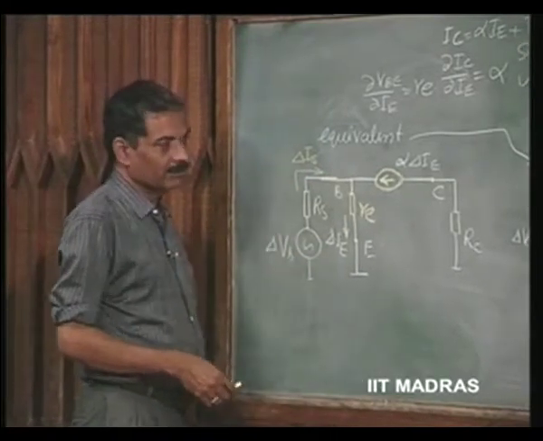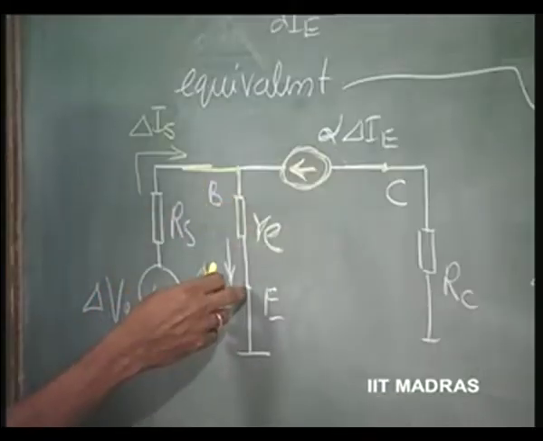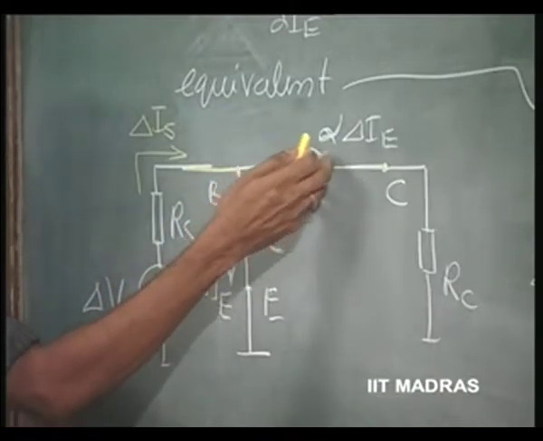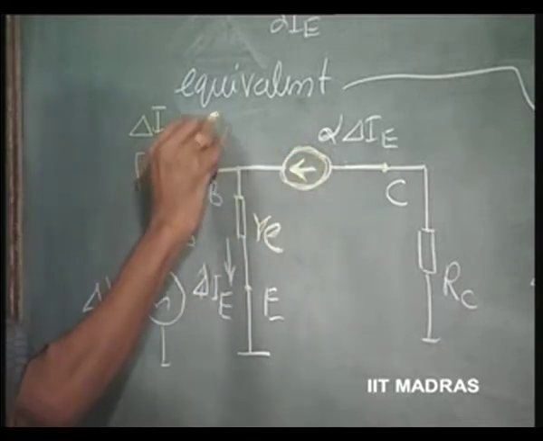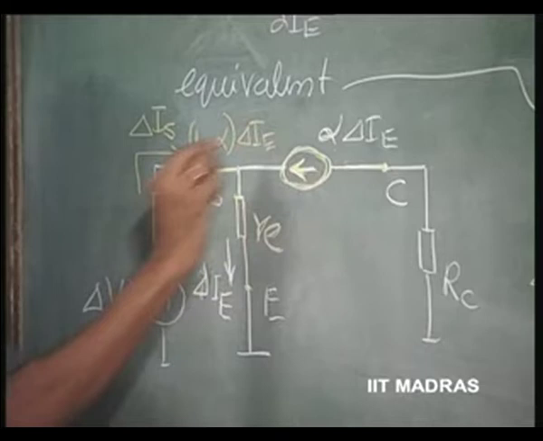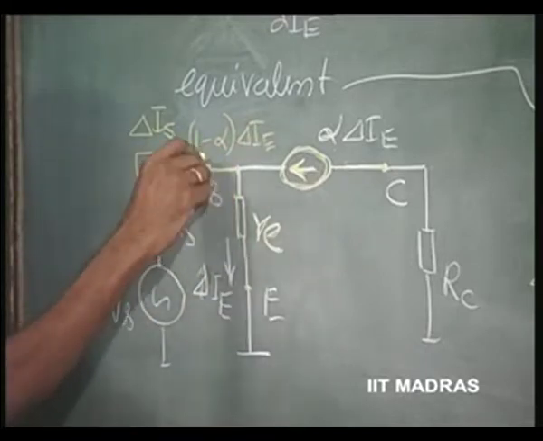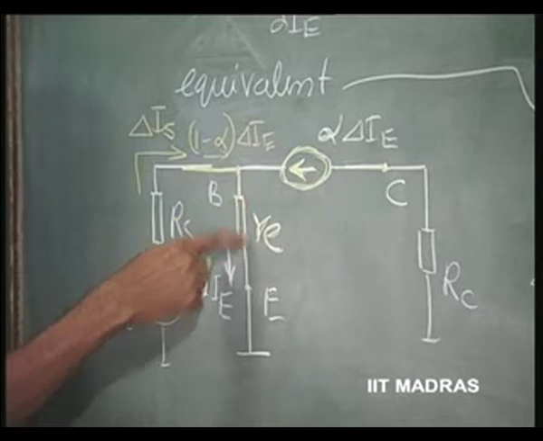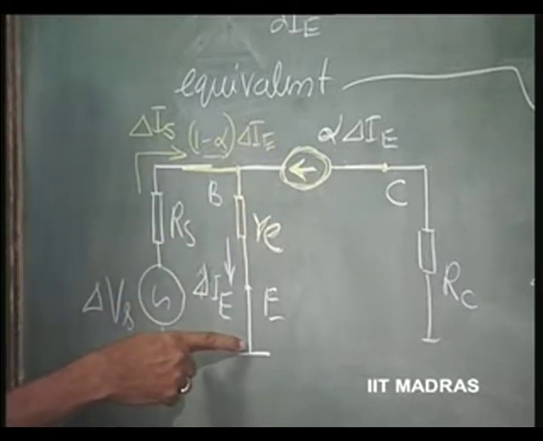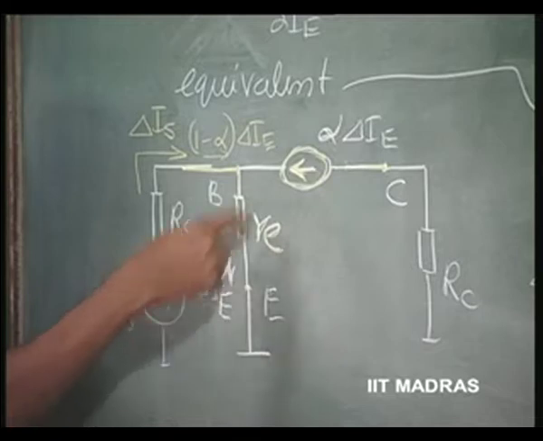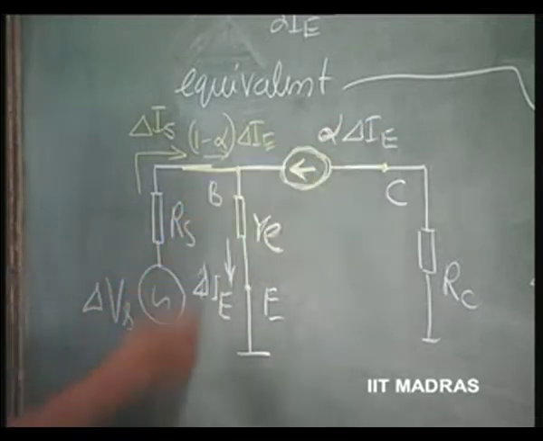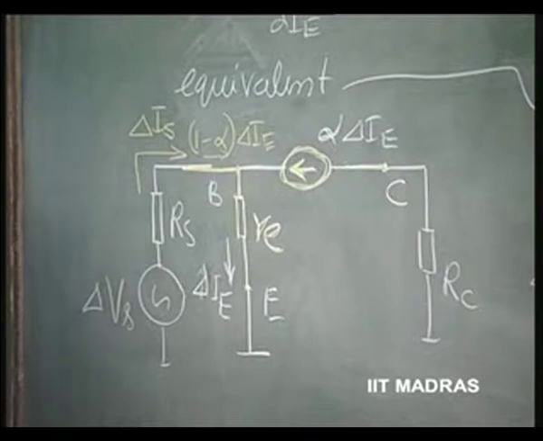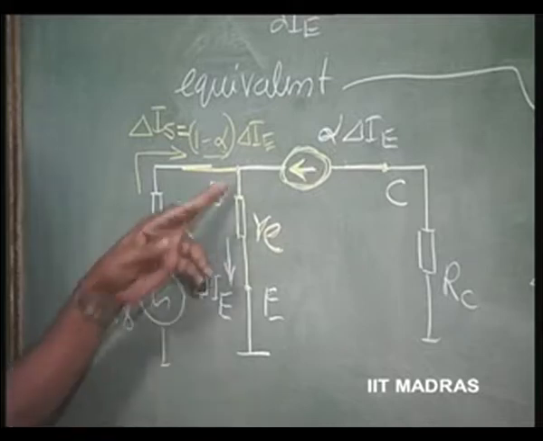Delta I has gone over this and this is alpha times delta I. So, this will be 1 minus alpha times delta I. Is it clear? So that this plus this comes out as delta I. So, subtracting this alpha times delta I from that delta I, the resultant current in this is 1 minus alpha times delta I. So, delta Is is equal to 1 minus alpha times delta Ie from Kirchhoff's current law.